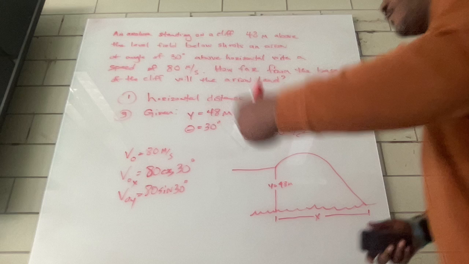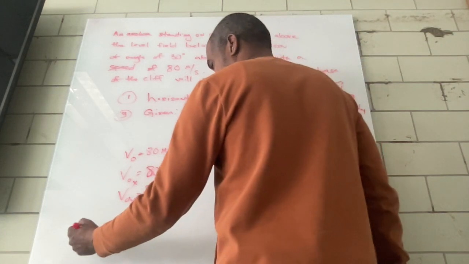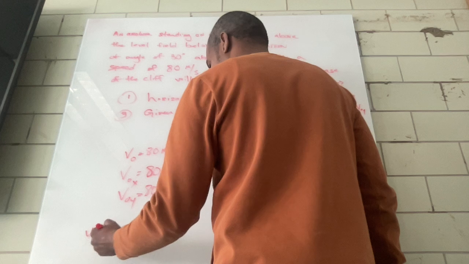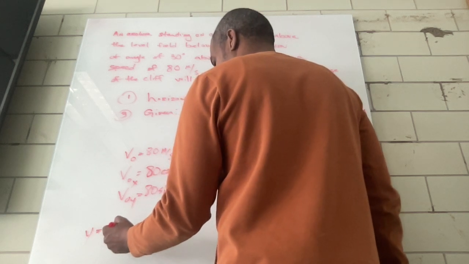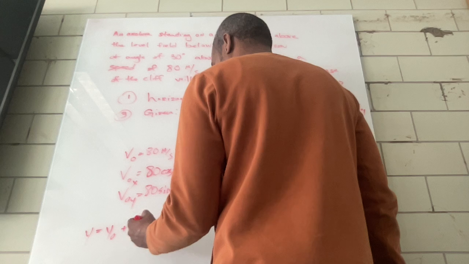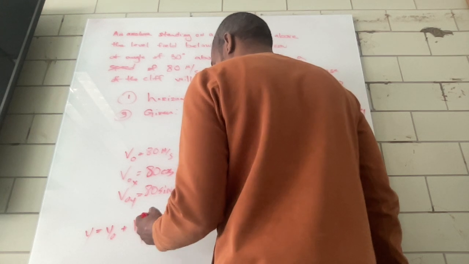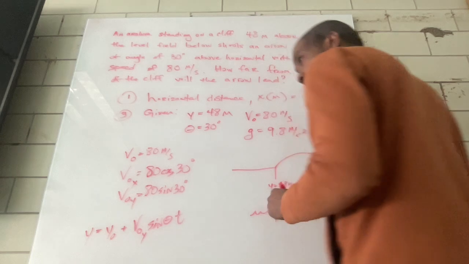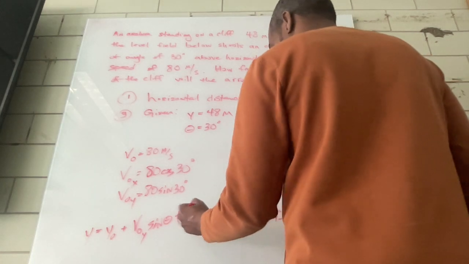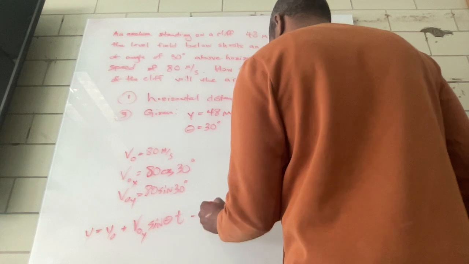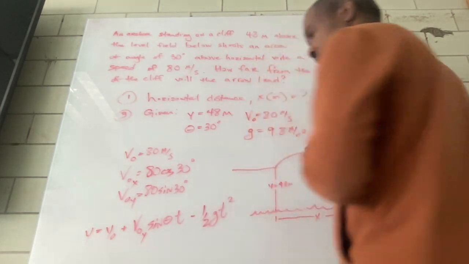It's experiencing free fall, so we can use this equation right here: y equals y naught plus v0y times sine beta t, minus 1/2 g t squared.